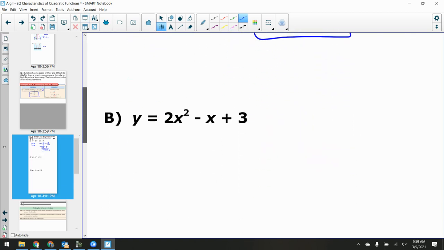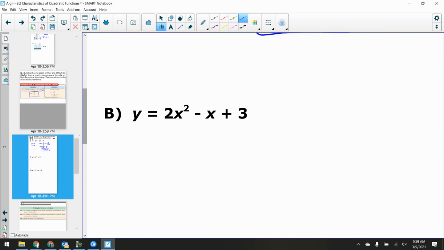Let's try it again. All right, so we got a equals, b equals. X equals negative b divided by 2 times a. All right, what's my a value? 2. What's my b? Negative 1, right. Whenever there's not a number sitting out front, you just assume it's a 1. All right, so we plug it in.